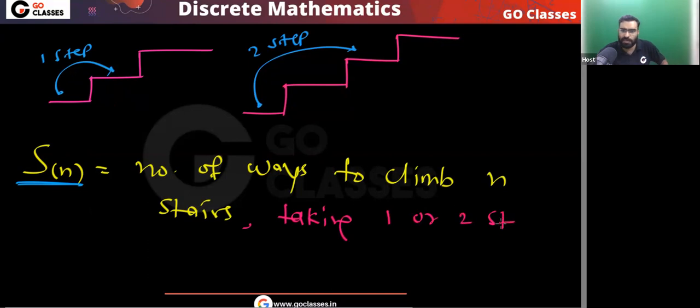Either you can take one step at a time or two steps at a time. This is your Sn.